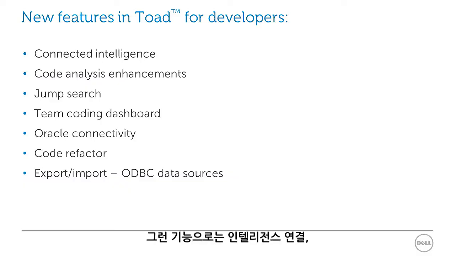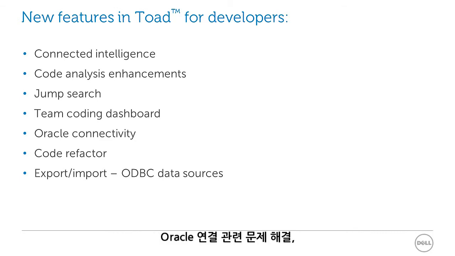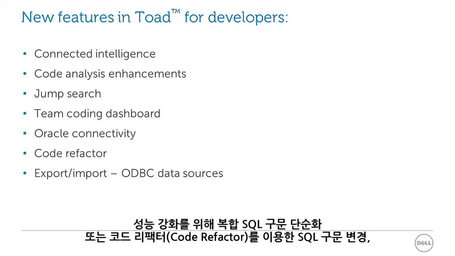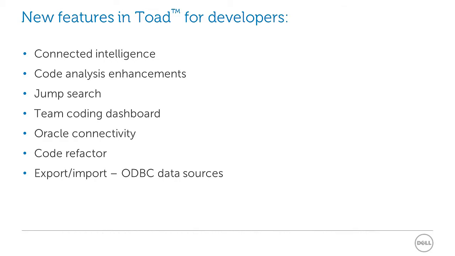The features covered will be connected intelligence, code analysis enhancements, the new jump search, integration with version control system using the new team coding dashboard, resolving Oracle connectivity issues, simplifying your complicated SQL statements for performance tuning, or changing the syntax of SQLs using code refactor, export-import data from to multiple ODBC data sources.